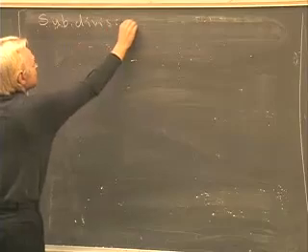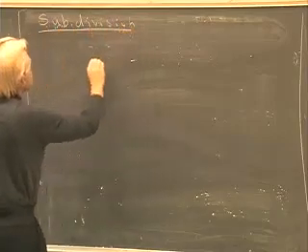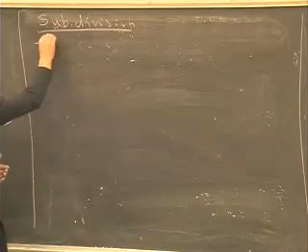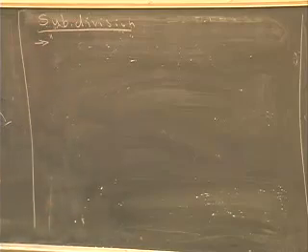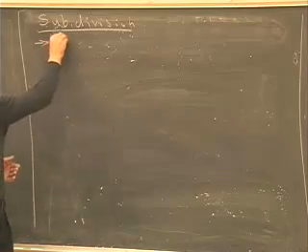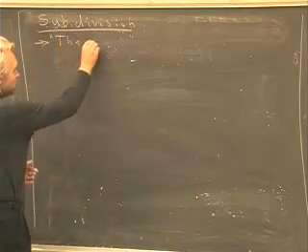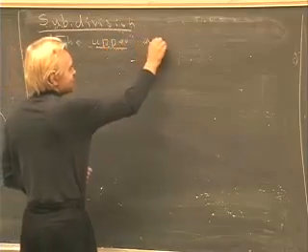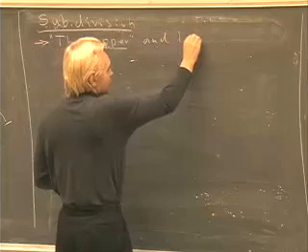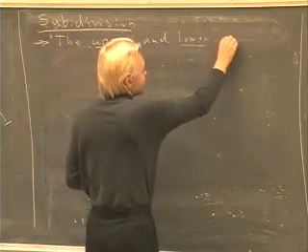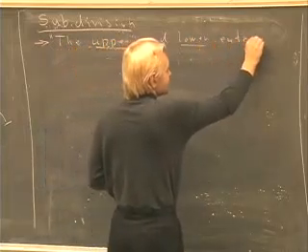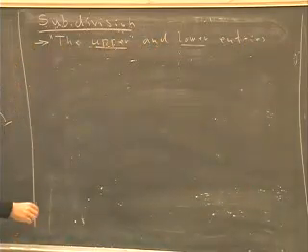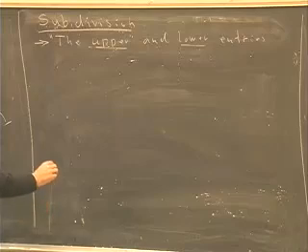And I just stated the upper and lower entries in the triangular de Casteljau scheme are the control points for the two segments of a Bezier curve.